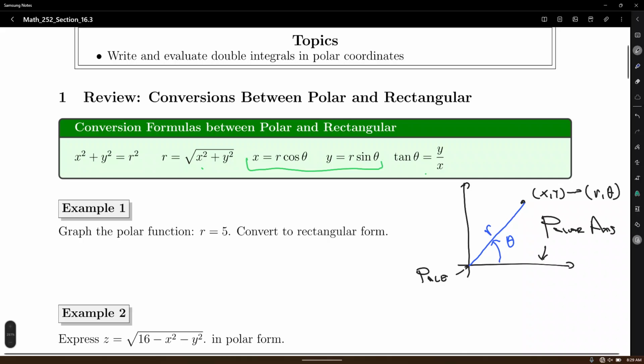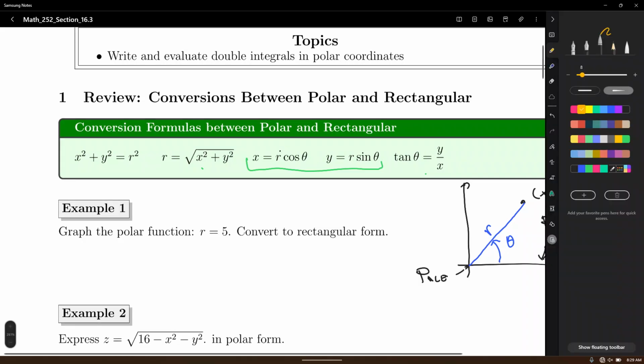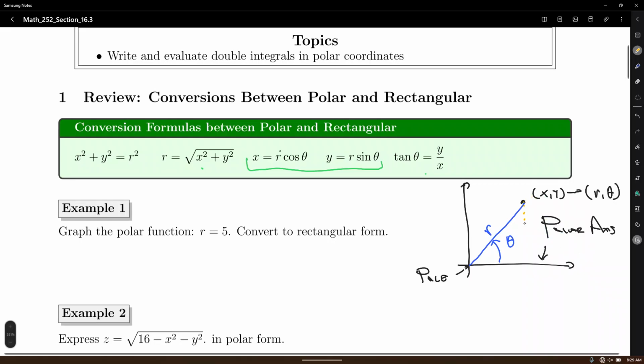So how are we going to get these formulas? Basic trigonometry. This point right here creates a right triangle, for which we can simply use our basic SOHCAHTOA. Sine theta is opposite over hypotenuse, that is y over r, and cosine theta is adjacent over hypotenuse, that is x over r. So y equals r sine theta, and x equals r cosine theta.